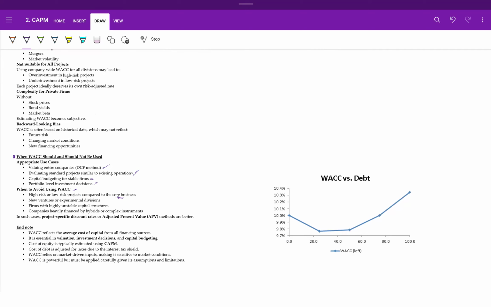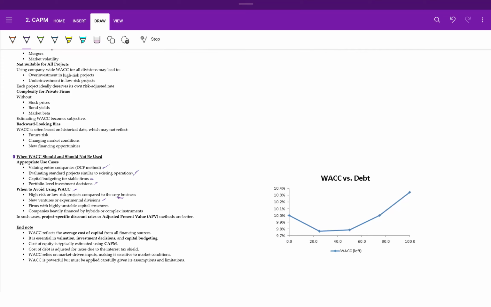New venture or experimental divisions: don't use weighted average cost of capital in those new ventures or experimental divisions because the risk is going to be high and applying the weighted average cost of capital doesn't make sense there.